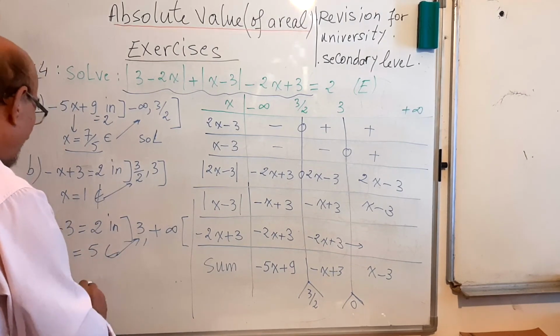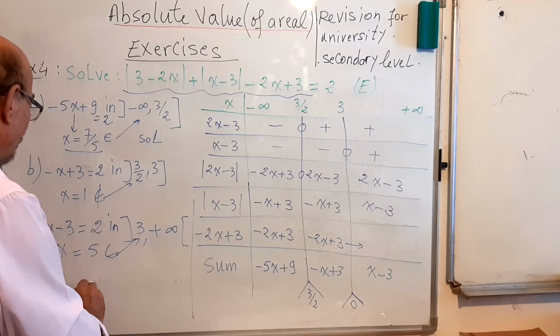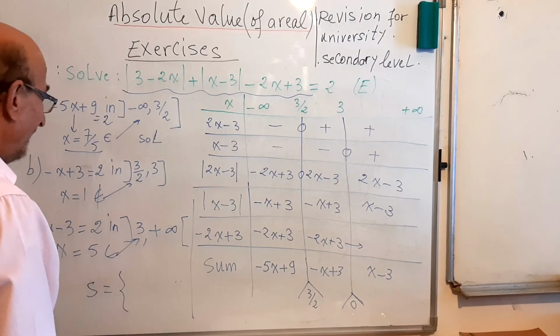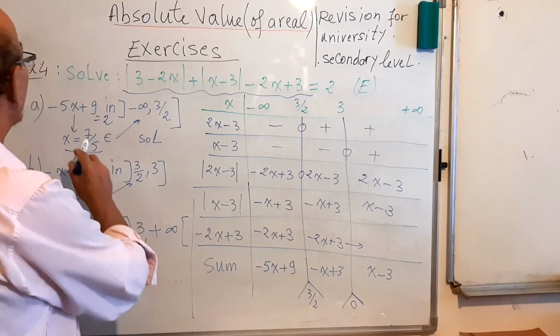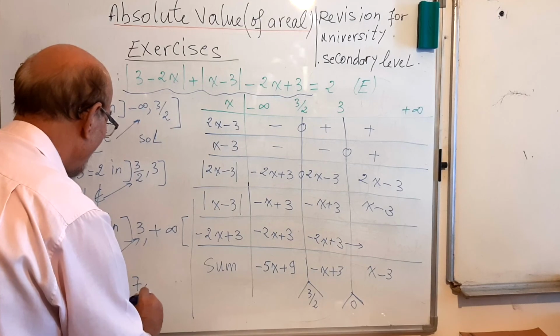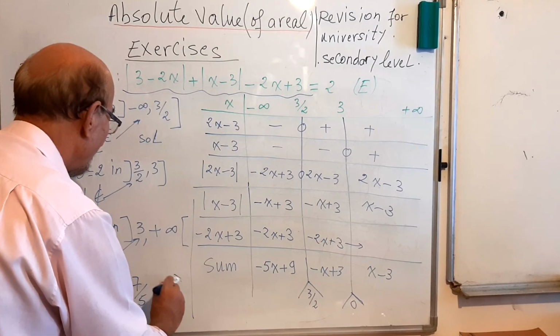Therefore, the set of solutions of the equation E is the two values 7 over 5 and 5.